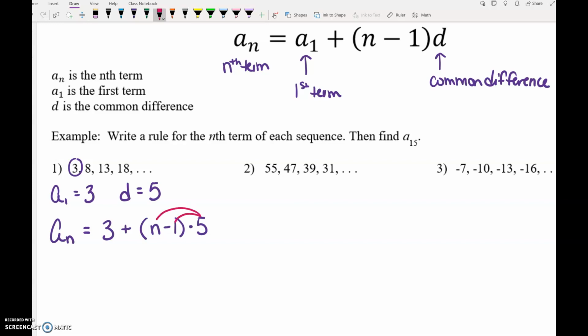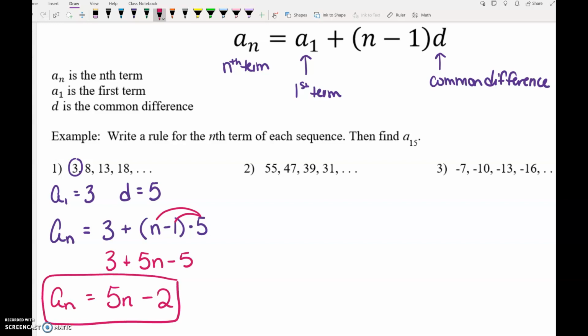We could distribute the 5. So we have 3 plus 5n minus 5. And then combine our like terms. Our final answer is 5n minus 2.